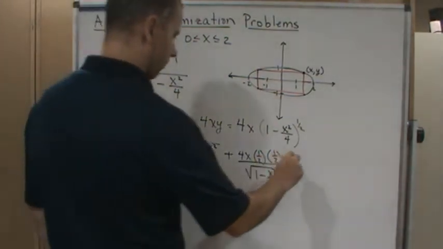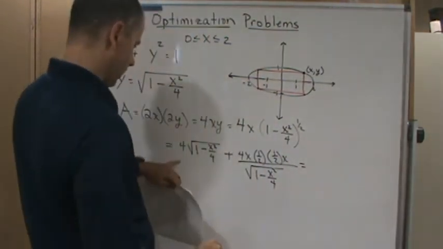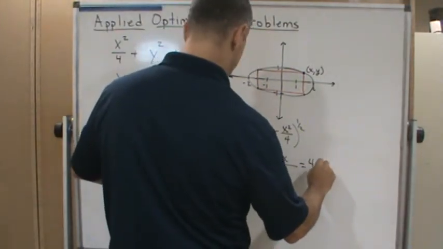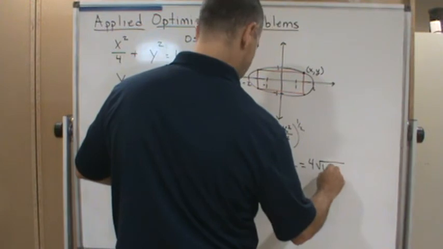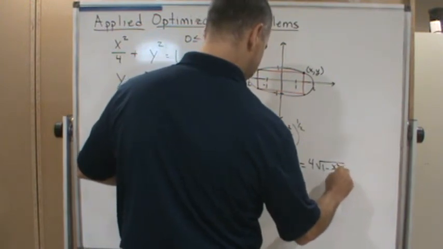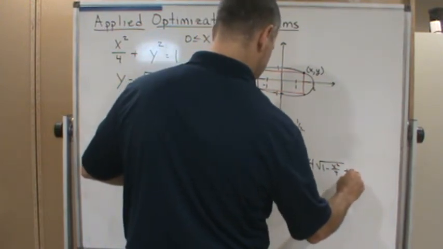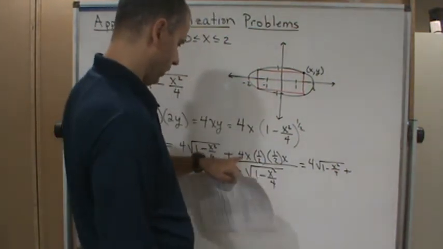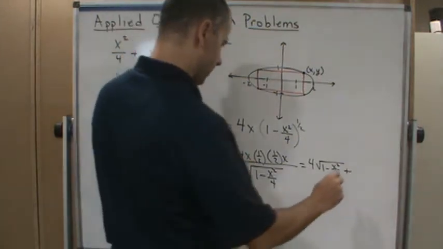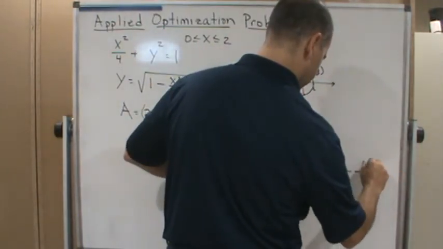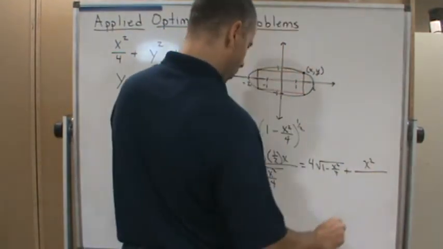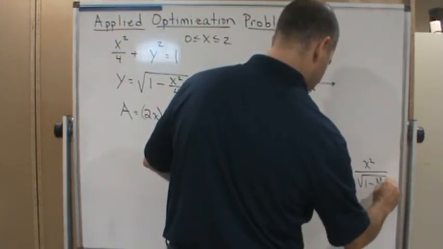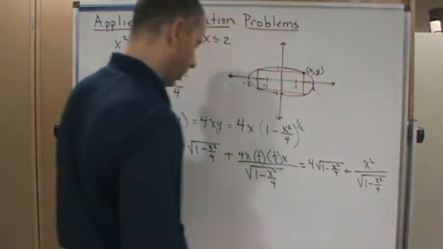Now this is going to give us 4 times the square root of 1 minus x squared over 4 plus, now this is going to simplify, 4 times the fourth, which is 1, so this is going to give us x squared over the square root of 1 minus x squared over 4.